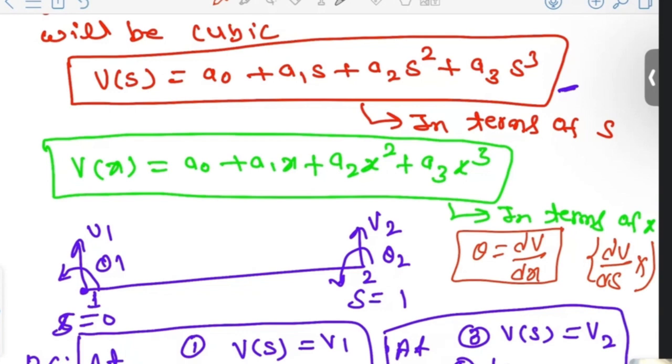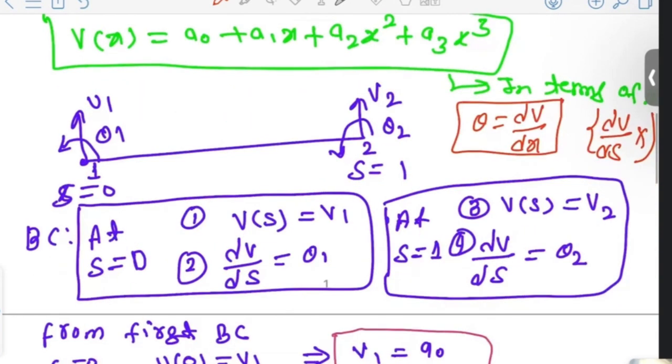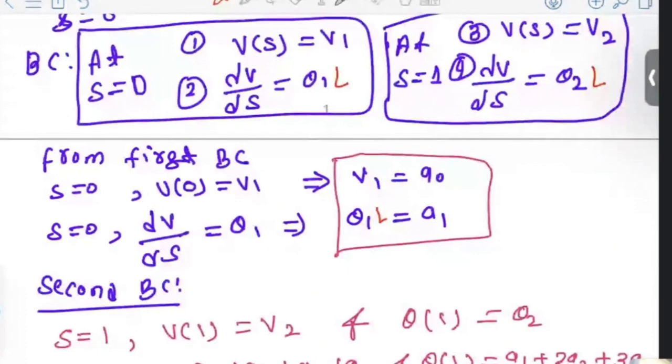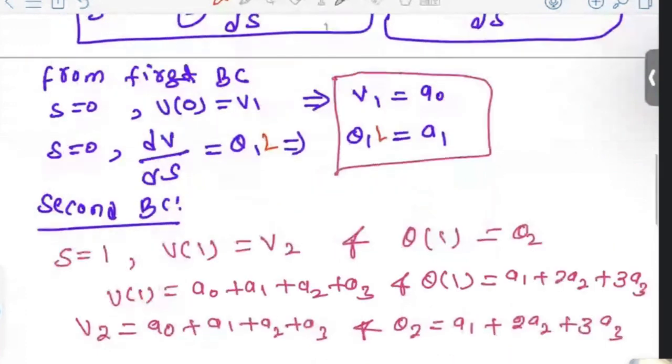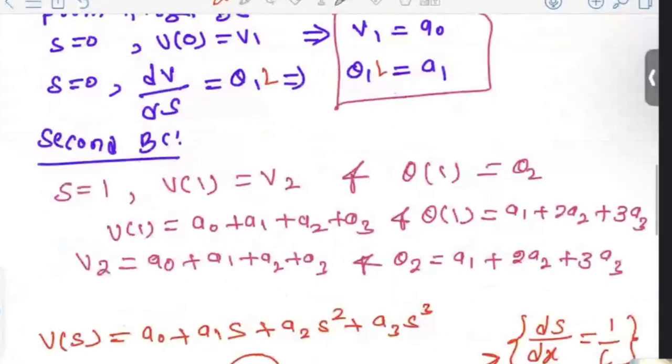I think now we got it. So we have to multiply here by L only. So this will be dv by ds, so it will be theta 1 L, theta 2 L. Then this one also will be L.